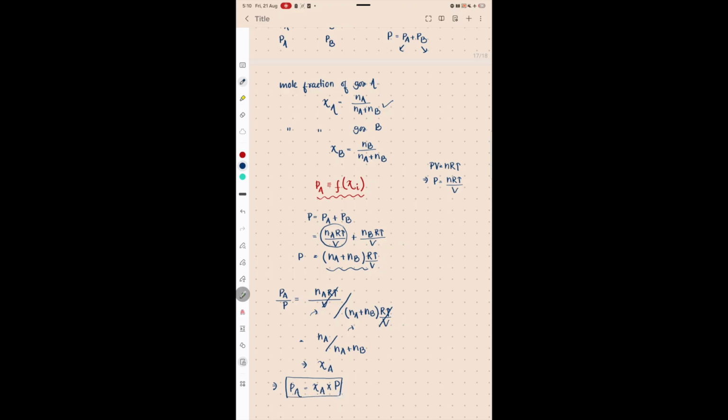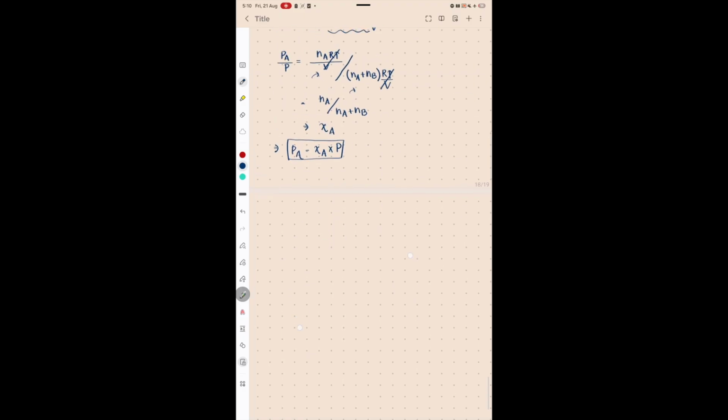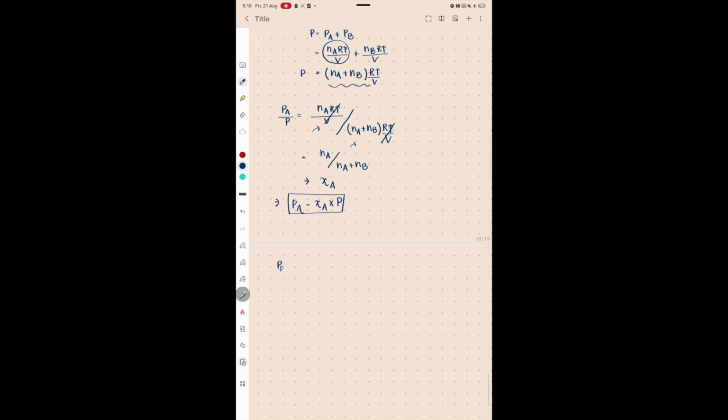And similarly I can write PB by P, that is equal to Nb RT upon V divided by Na plus Nb RT upon V, that is Nb upon Na plus Nb, or PB is equal to mole fraction of B in the final state into P final, right?